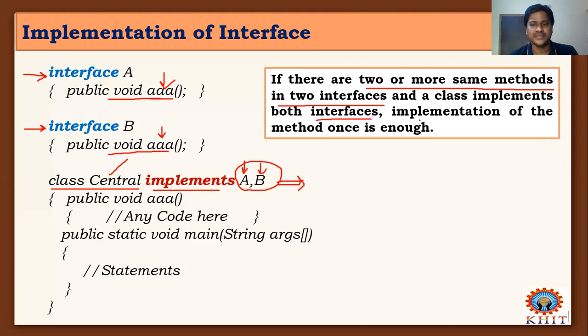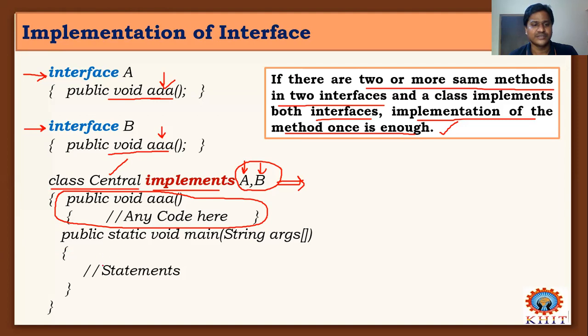And the implementation of that method only once is enough. No need to define this method two times; defining the method only once is enough. This will be discussed in the upcoming concepts also, and with examples we'll see some more cases, right?